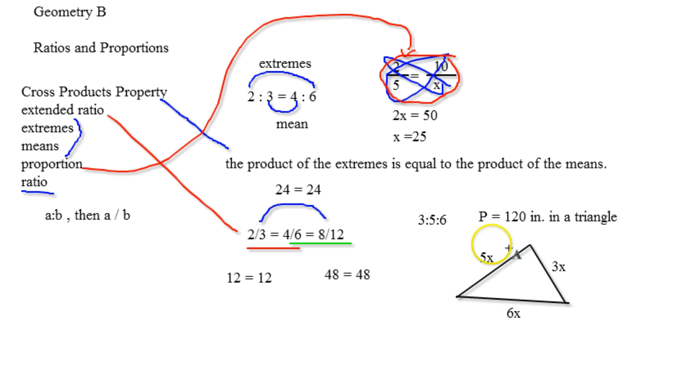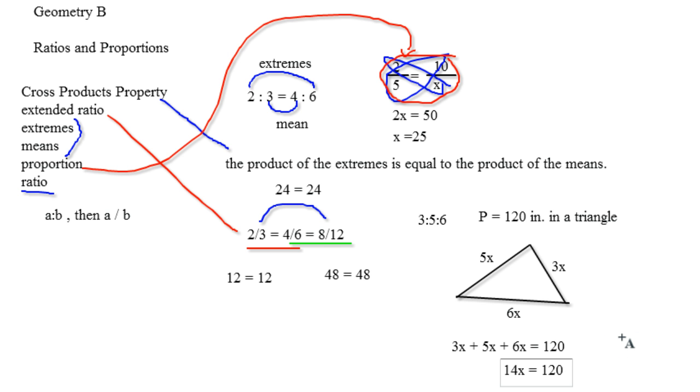Since I know all these ratios are set up like this, I can set up an equation and solve for x. So 3 plus 5 is 8, plus 6 is 14, so 14x equals 120.